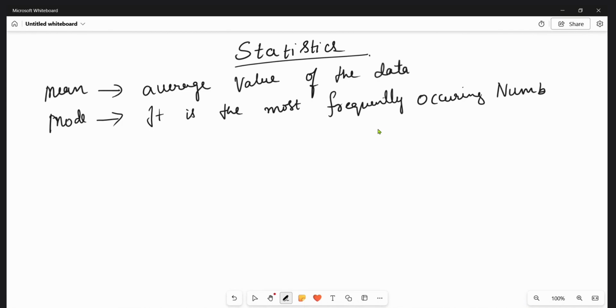So that is the mode. Then the median. It is the middle number, or the middlemost data.